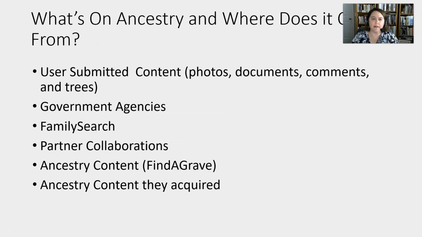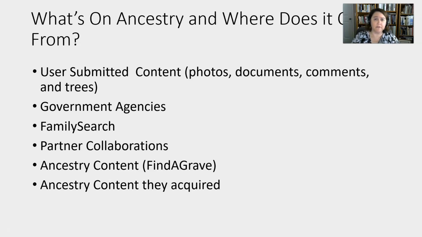So let's talk a little bit about where does this stuff come from? Well, I already told you some of it's user submitted. You provided that. Other people have provided that. Some of the content is from government agencies. So the majority of the census is from the National Archives, for example. Vital record information is from vital record repositories like state boards of health.